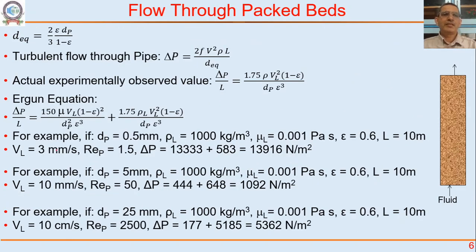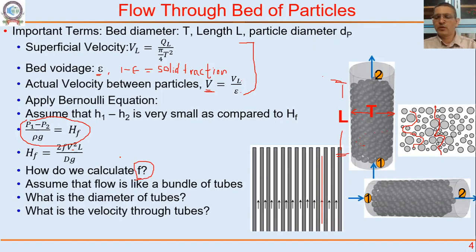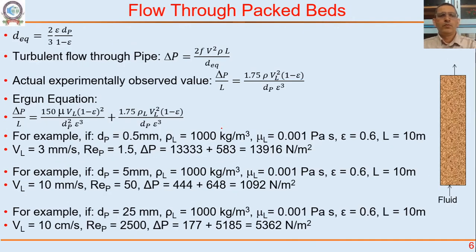Imagine the other extreme. If the flow is turbulent in this equivalent sort of a scenario, how do we get it? 2f v square rho L by d equivalent. And f, how do we get it? F is practically a constant number, because friction factor versus Reynolds number we have seen. At higher Reynolds number it is practically a constant number. Experimentally observed value is 1.75 rho VL square (1 minus epsilon) divided by dp divided by epsilon cube.